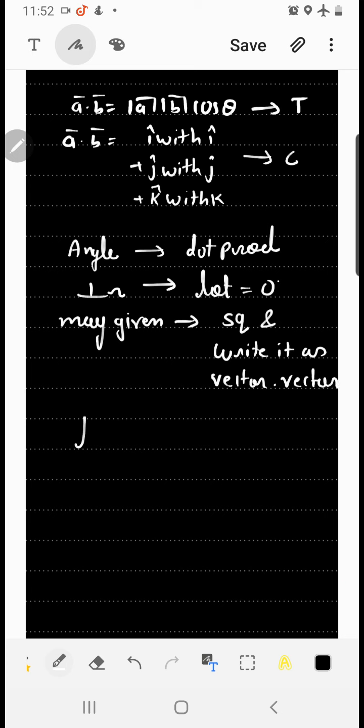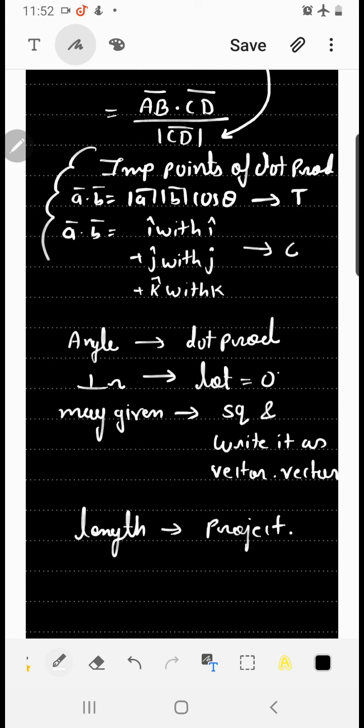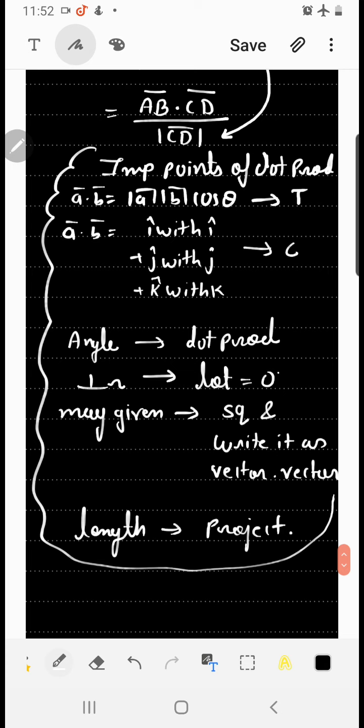And finally, if length comes, what will you say? Projection. Now I am not saying forget about all the other results. These are the key results which you should remember. So at the end, give it a heading, important points of dot product, and put that in a cloud at the end.